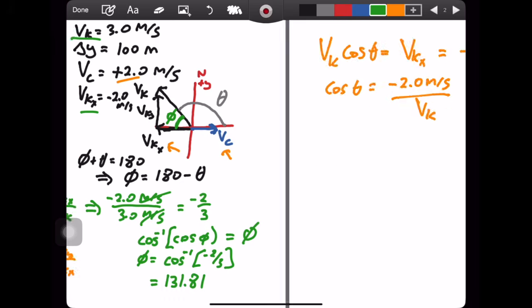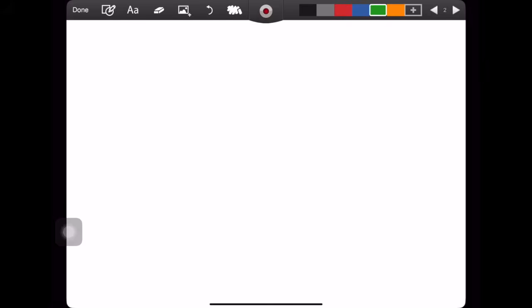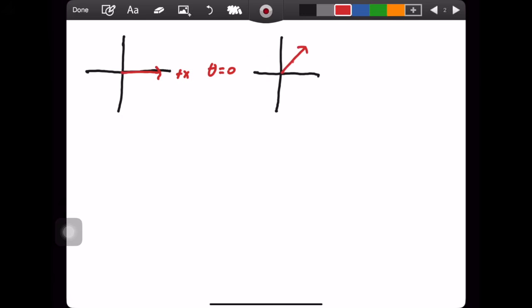I'm going to do another screen here just to try to explicate this a little bit better. So imagine we have, say, scenario 1, and we have some vector that points precisely in the positive x direction. Well, in that particular case, theta would equal 0. If we had some later time where the vector was pointed like this, now we have some theta that is non-zero.